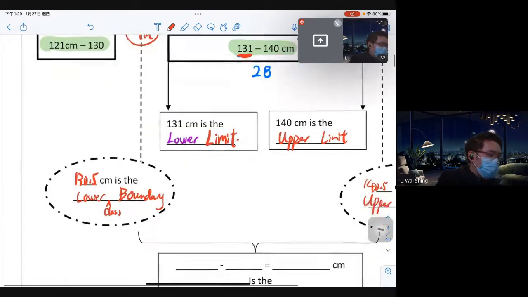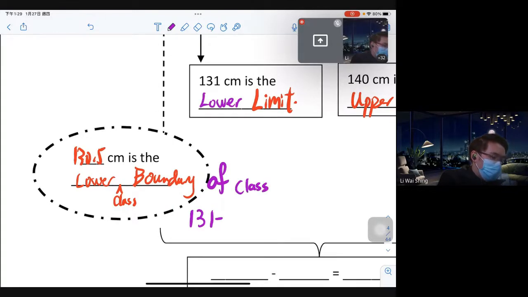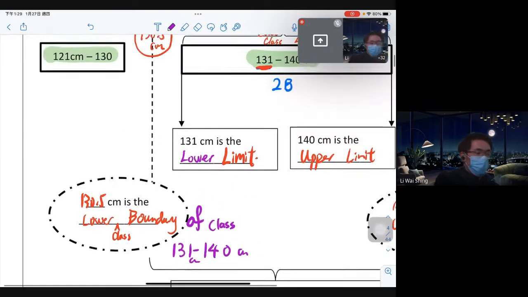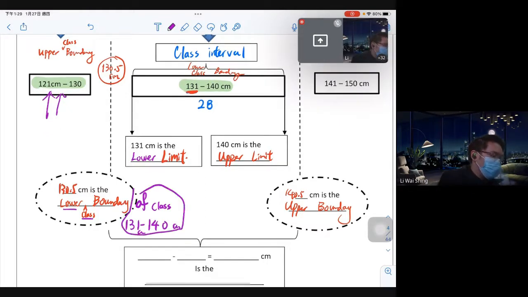So when you talk about 130.5 as the lower class boundary, you need to indicate which class you are in, the class 131 to 140 cm. For the previous class, 130.5 is the upper class boundary; for this middle class, it is the lower class boundary. So you need to indicate which class you are in.